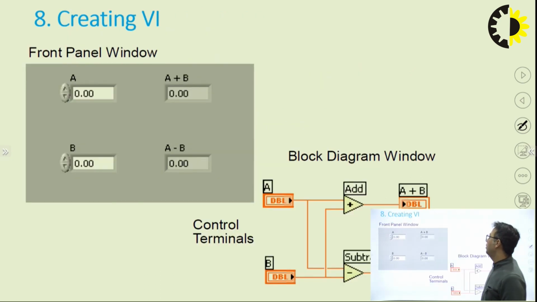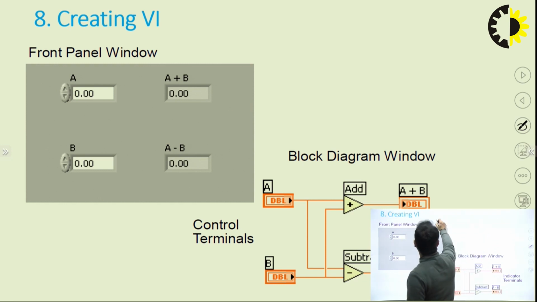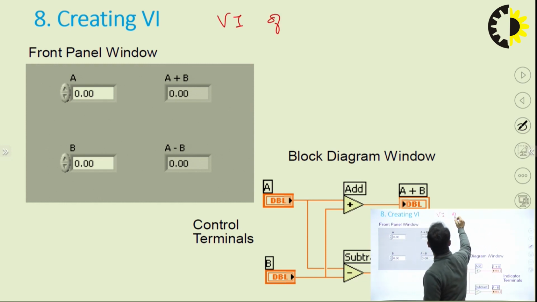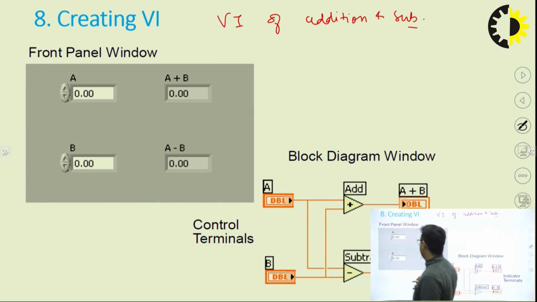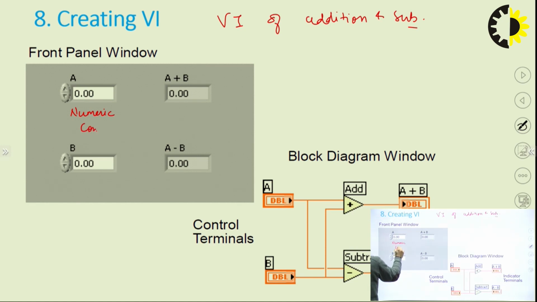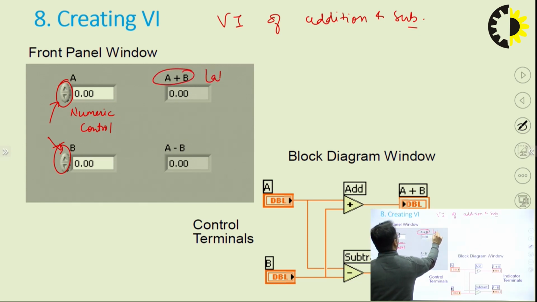So this is an example of a very small VI problem of addition and subtraction. We have used two numeric control blocks on the front panel because we can change the value. These would be available on the front window, and for their results we have used labels as well.